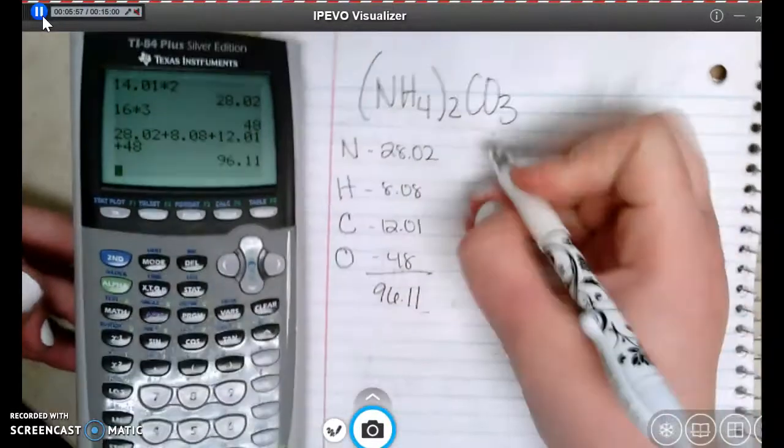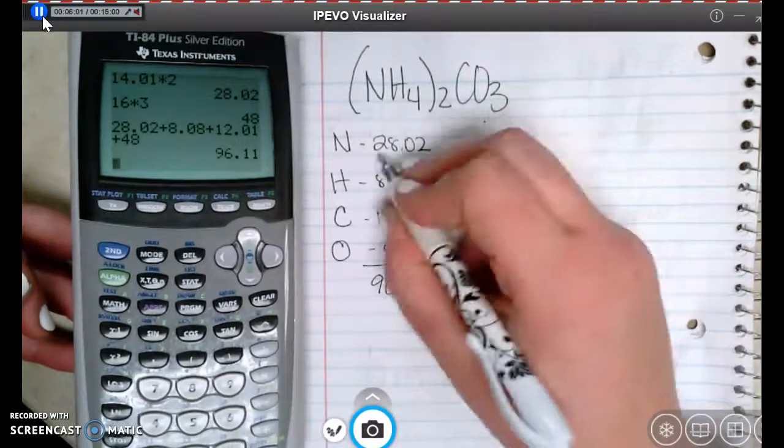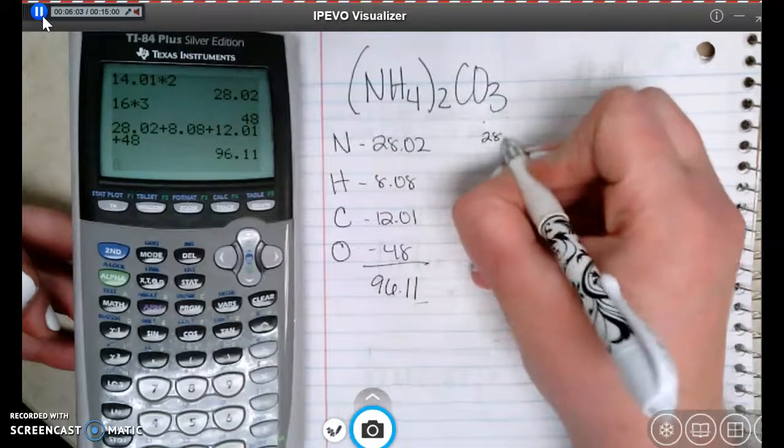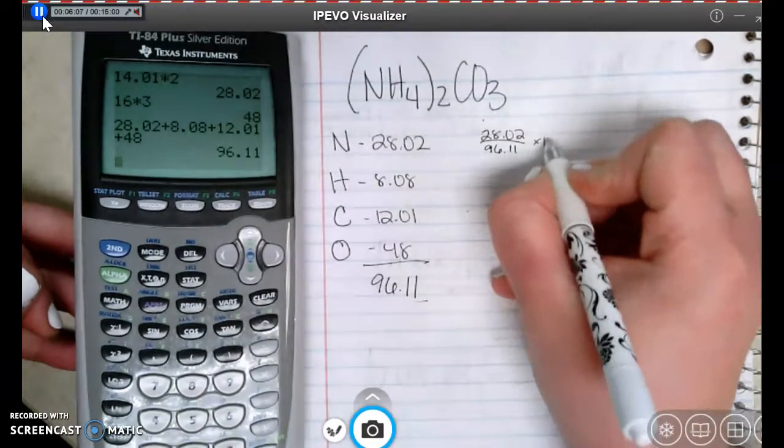To find my percentage, I take my individual mass, divide that by my total, and multiply that by 100.